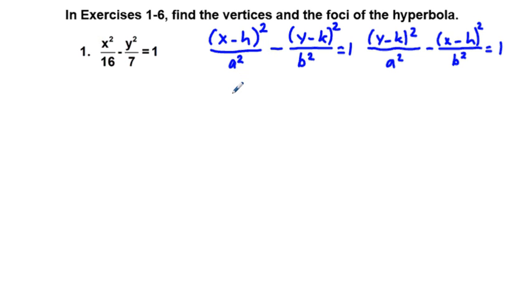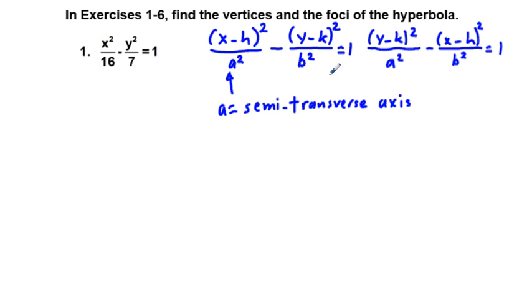And so what we have is a equals our semi-transverse axis. The transverse axis is kind of analogous to the major axis for an ellipse, but you can see how that is different.